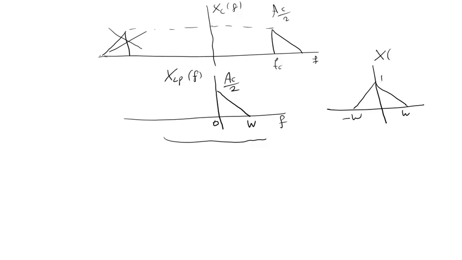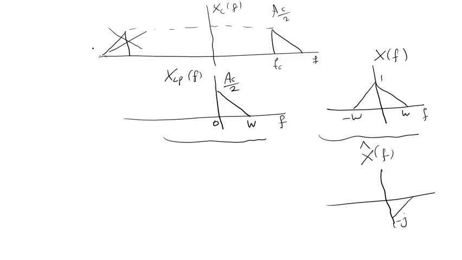By using the Hilbert transform. Let's compute the Hilbert transform of this spectrum. It is X hat(f). For f positive, I multiply by minus j, and for negative frequency, I multiply by plus j. We have this, but I want this.